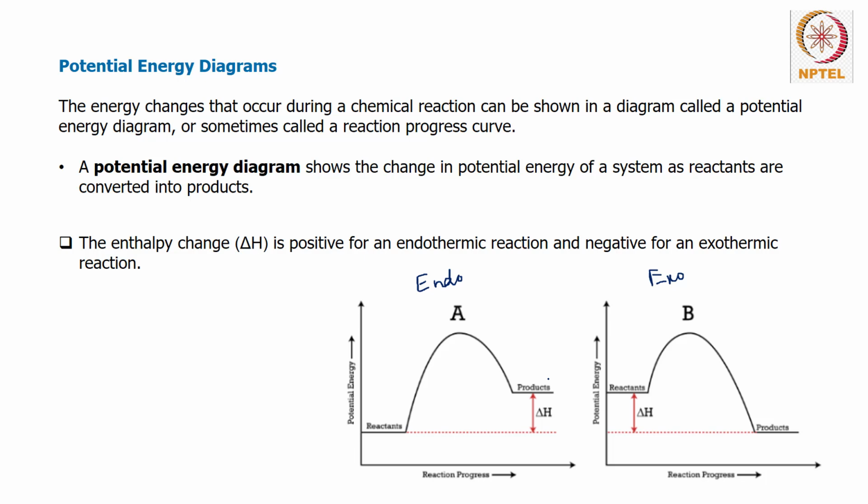Where will you get that energy? By heat or light or anything, you will get that energy and go to that product. It's gaining that heat, so it is endothermic.